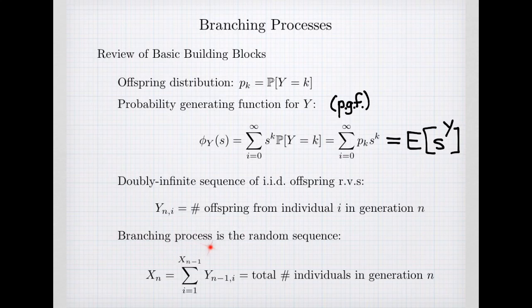Okay, so our actual branching process, we start with some number of individuals, and then to find the number of individuals in the next generation, X sub n minus 1 represents the number of initial individuals in a population. Generation n minus 1 allows us to calculate the number of individuals in the nth generation, the next generation, by summing over all of the individuals in our original population and adding up the number of random offspring that each of those individuals have.